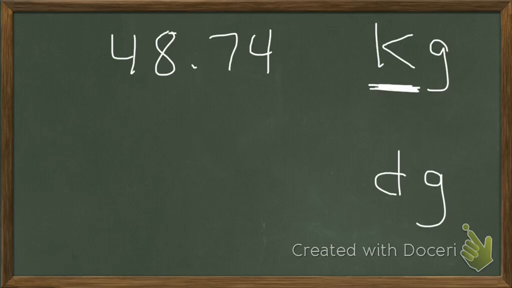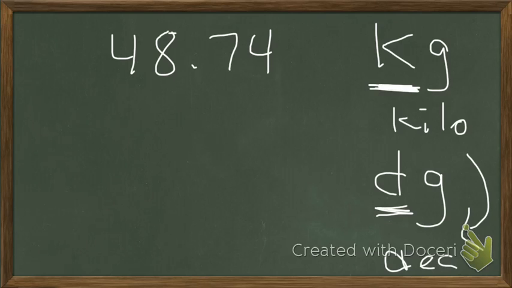Decigram. Deci. So we're starting at kilo, and we're going to deci. What direction are we going to travel? We're going to go to the right. How many places? 4.